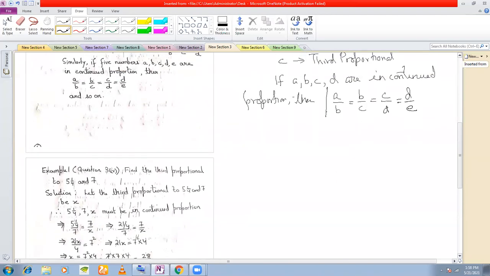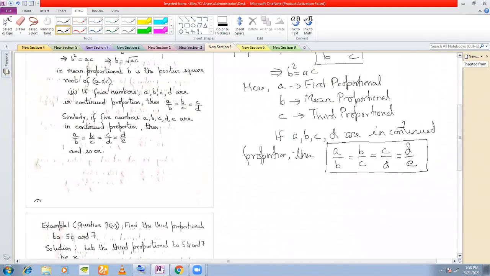Now all this we are going to use for the sums. So from where did E come? This is five numbers, not four numbers.